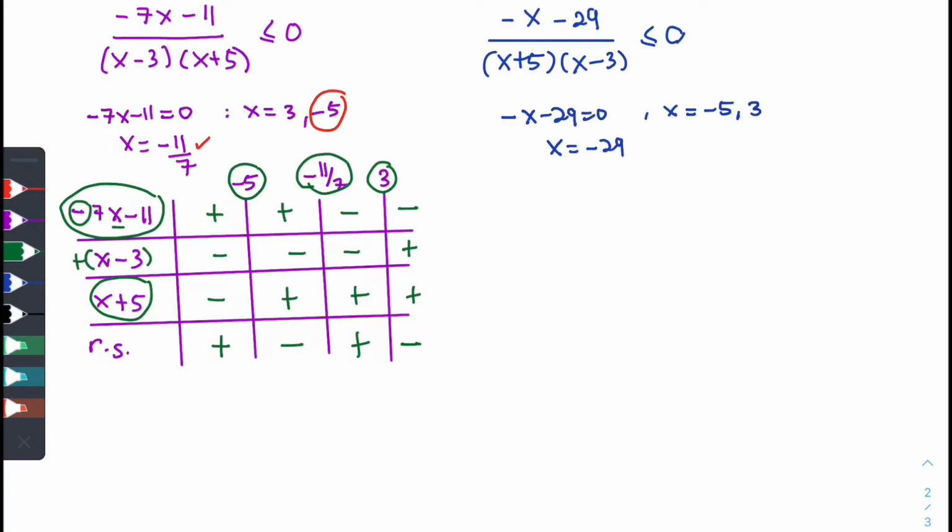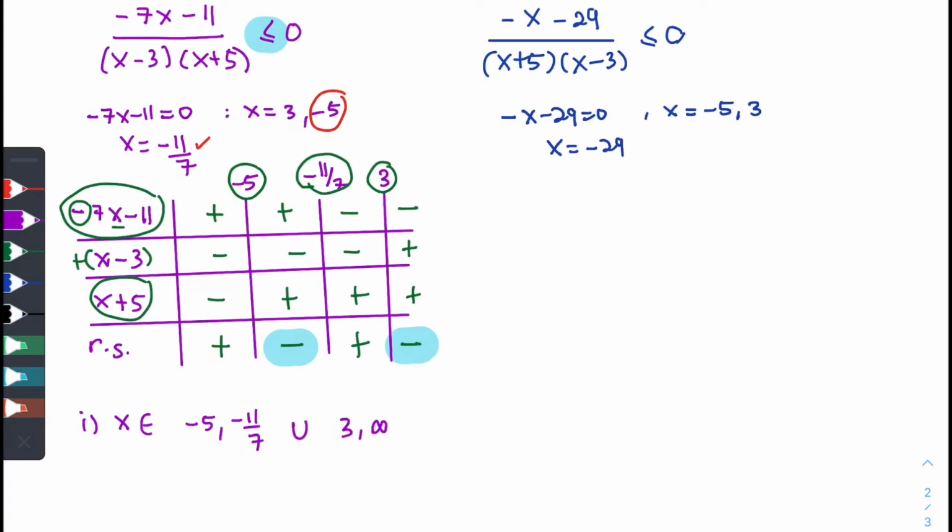Then the first part wants less than or equal to, meaning you have to take the negative part. So you can conclude your answer. For the first part, x belongs to (-5, -11/7] union (3, infinity). Now for the brackets, always check whether you have anything to be open or closed.